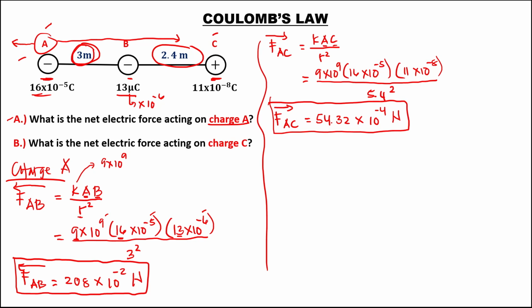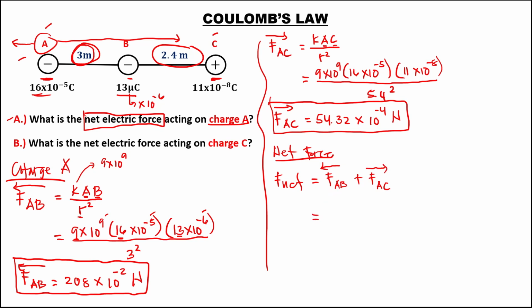Then this time, we can find the net electric force acting on charge A. To find the net force, we have the force between A and B plus the force between A and C. This force is to the left and this force is to the right.